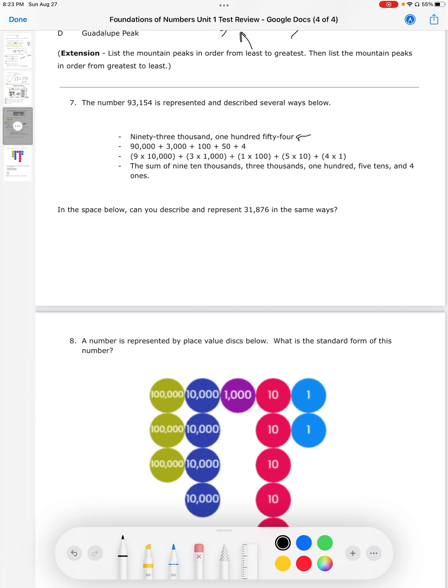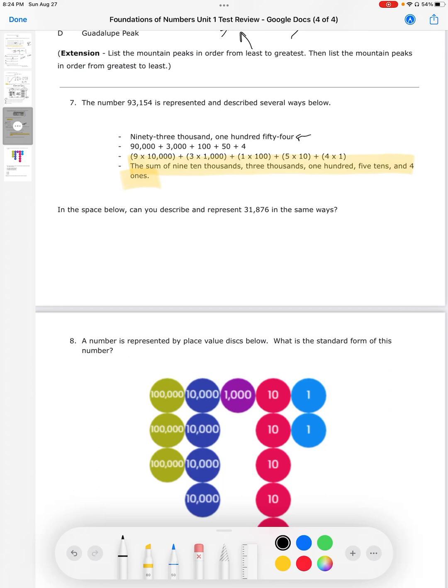It's then represented again in expanded notation, 9 times 10,000, 3 times 1,000, 1 times 100, 5 times 10, and 4 times 1. And lastly, and this is probably the most important part of this, it's described using words as the sum of 9 10,000s, 3,000s, 100, 5 tens, and 4 ones.